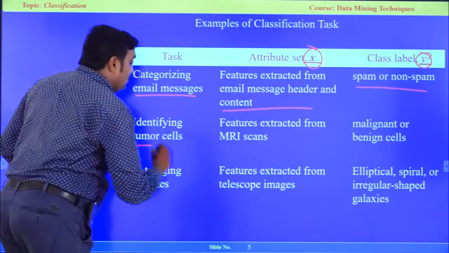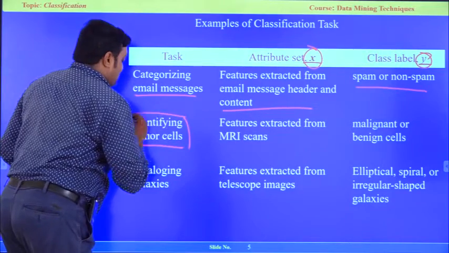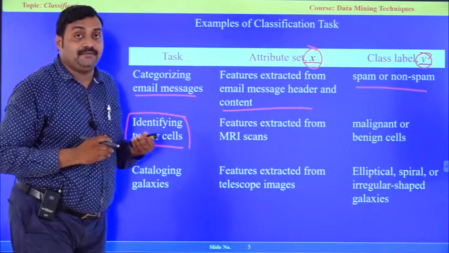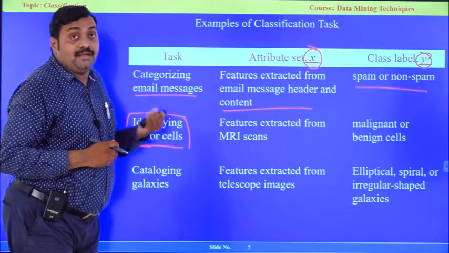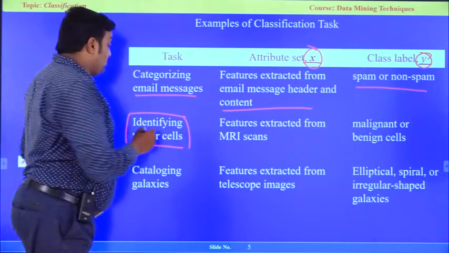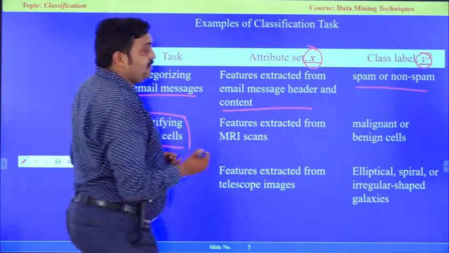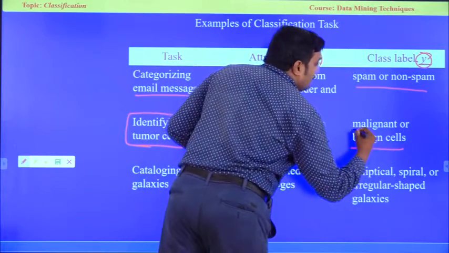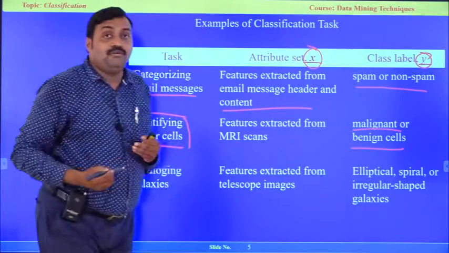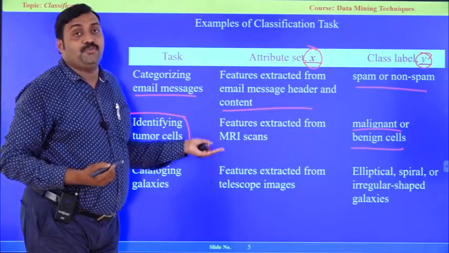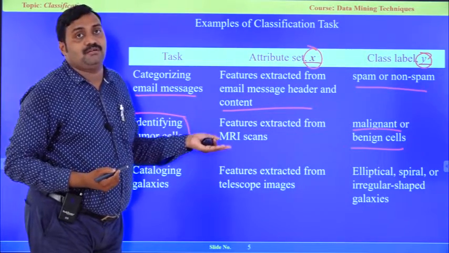Another is medical diagnosis in healthcare. Based on patient data, tumor cells, I am going to identify whether I have any issue with my tumor or not. That means classifying whether the patient has a tumor or not.